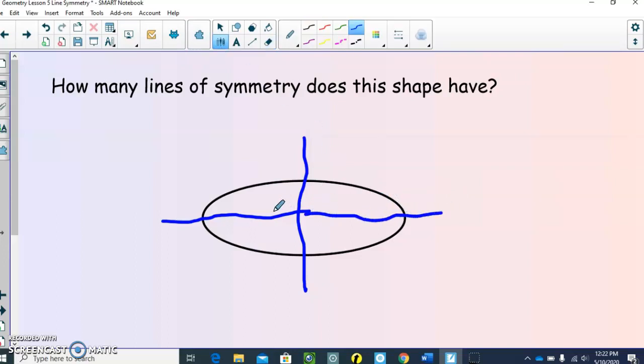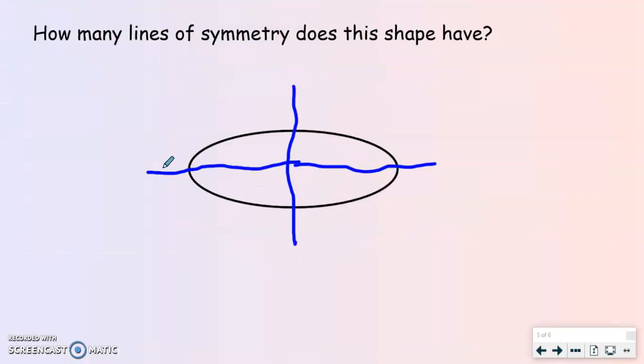That's better. If we fold it in half this way, these sides would also match. Now, could I fold it on the diagonal? No, I couldn't, because these would not match up exactly. One side would stick out further than the other. So this shape has two lines of symmetry.